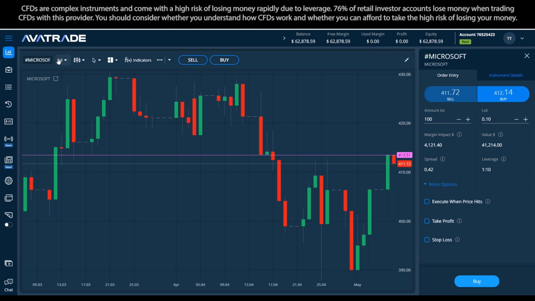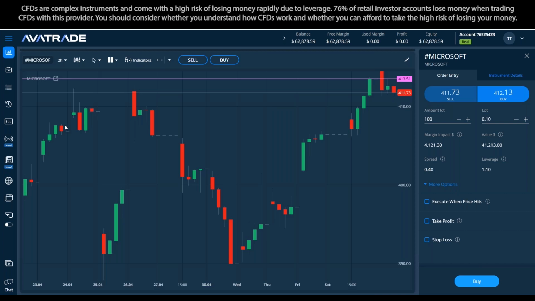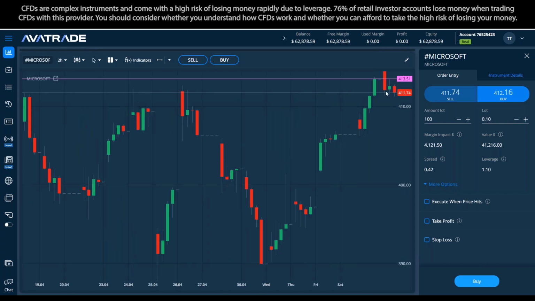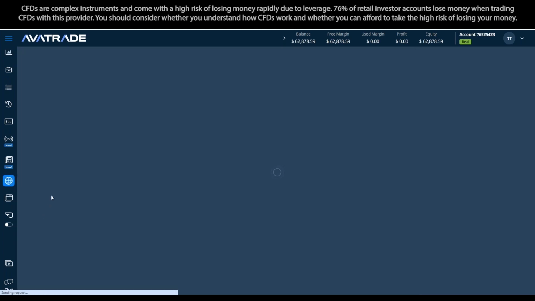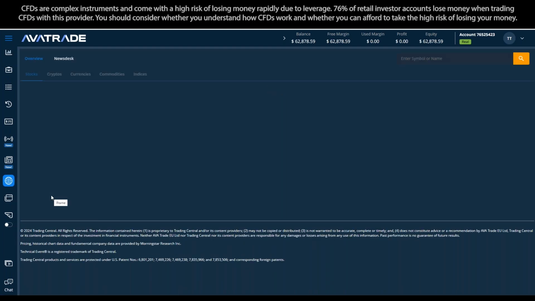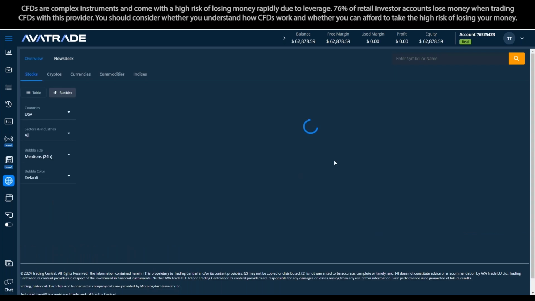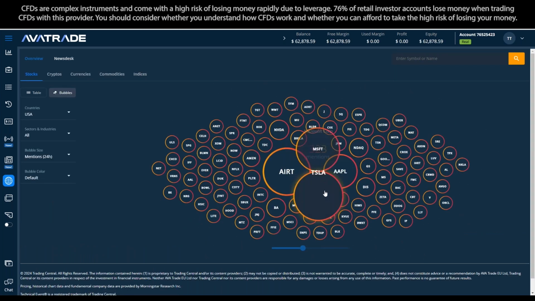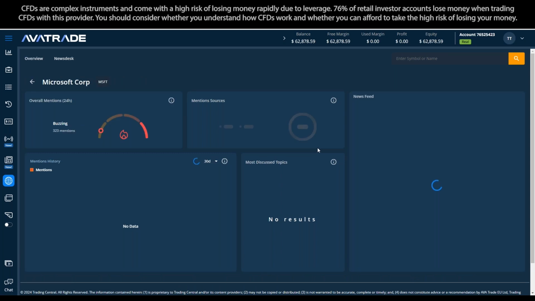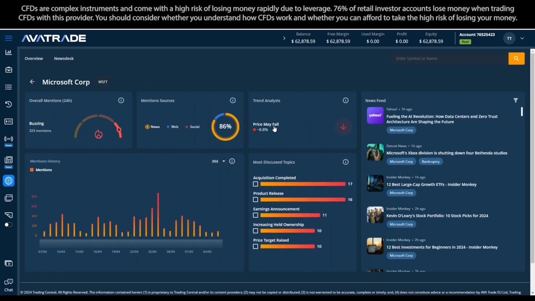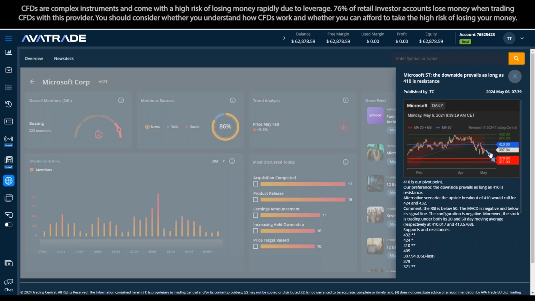So if we go then to the smaller candles, let's say 2-hour candles, we can see that this indeed broke above the pivot line price that was shown in that signal. Again, if we go back to the market buzz and we go back to Microsoft, just to refresh those prices, this trend analysis, expecting an over 8% drop, said if it broke above 410, you'd look for further upside, okay?